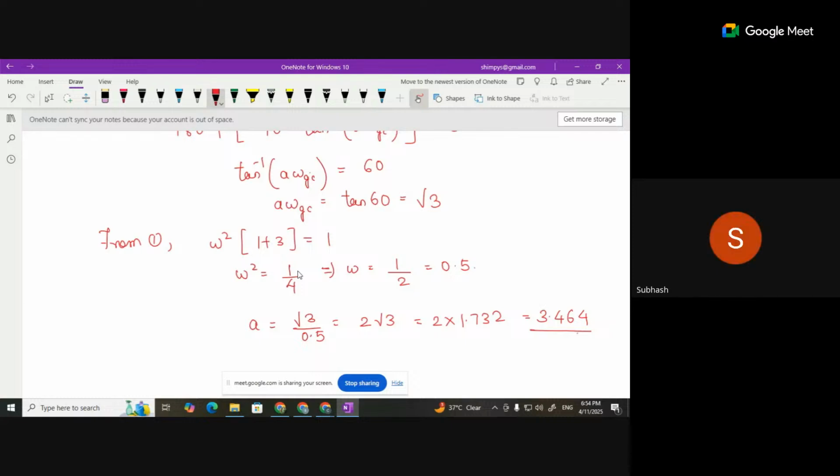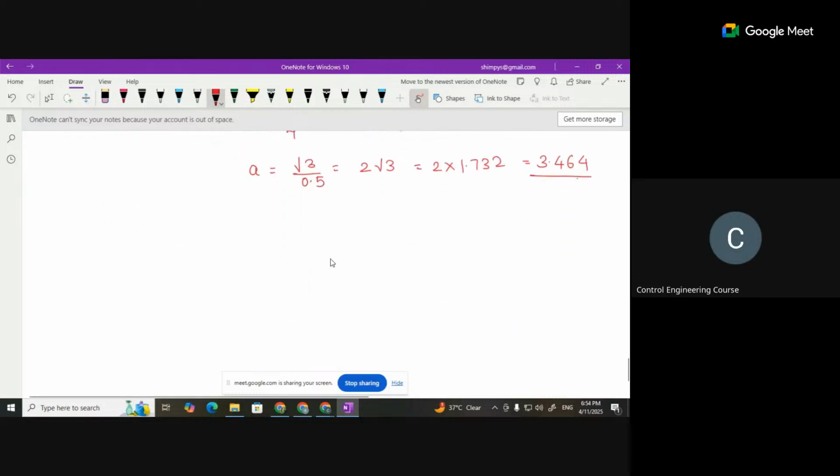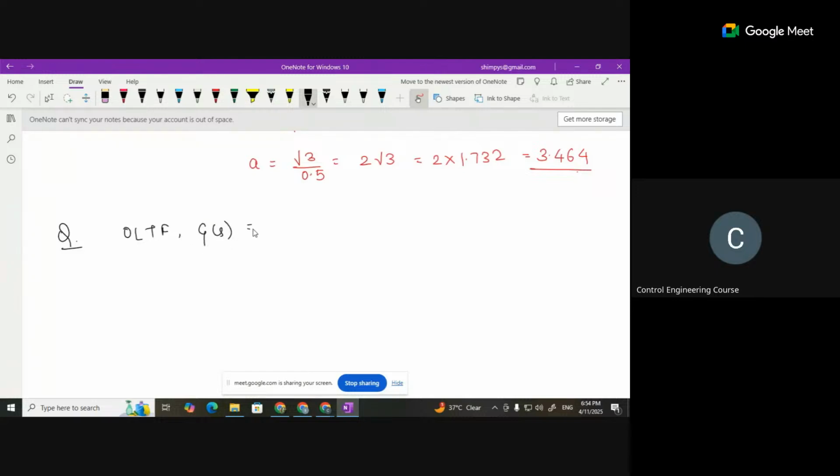Sure, ma'am. Okay, I'm giving you one more question. You can just give it a try yourself. You can note it down. The open loop transfer function for the unity feedback system is given as G(S) is equal to K upon (S plus 2)(S plus 20).